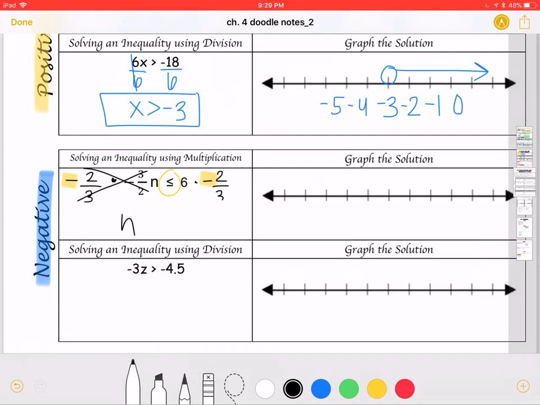I have to flip it so that it's greater than or equal to. And now let's actually evaluate this. So I might cross simplify. 2 times 2 is 4. Positive times a negative gives me a negative 4. Now this is my solution. n is greater than or equal to negative 4.